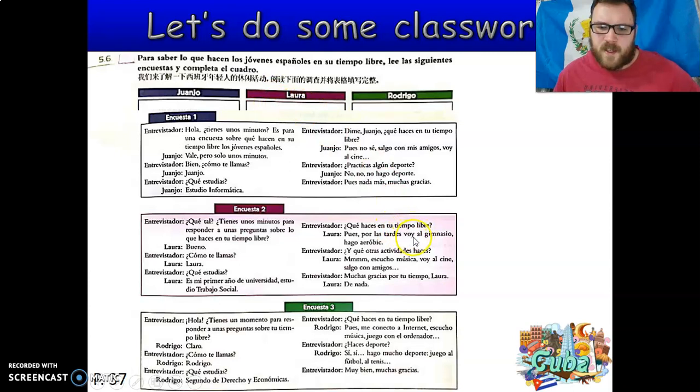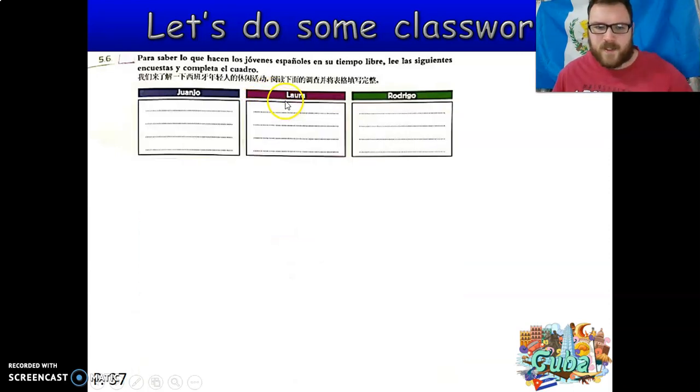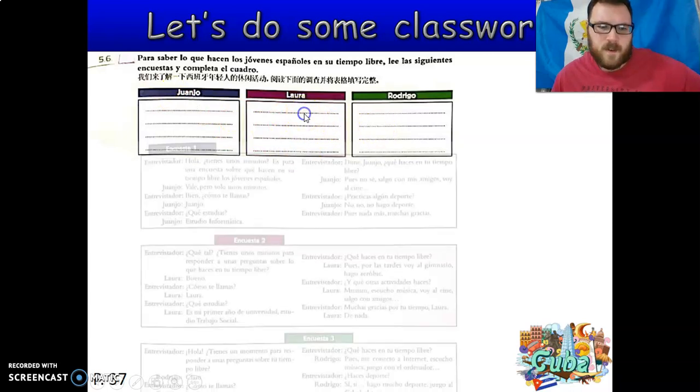So the he, she form of ir, to go, is va. Okay, so for Laura, you just write va al gimnasio. And then you go to the next line and write another thing. Okay, cool. Let's try that. So be sure to change it to the he or she form. Laura is a she. Okay, great.